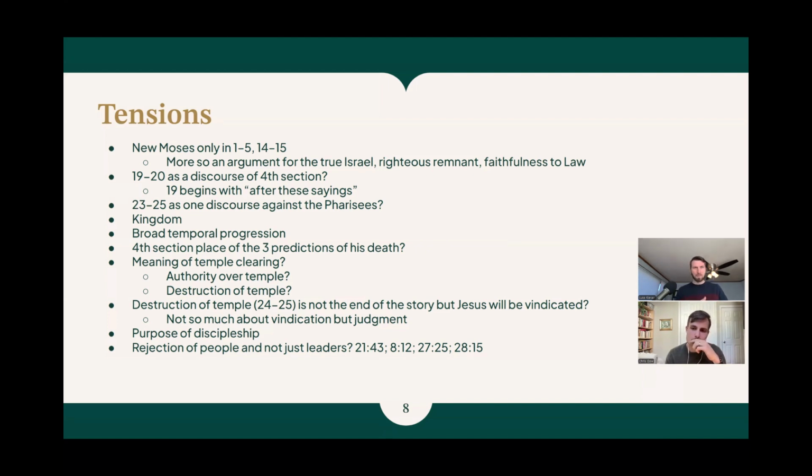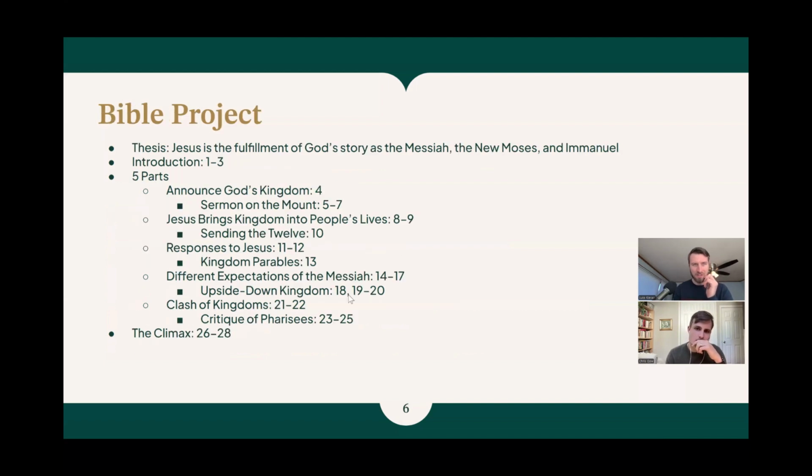Another tension that I saw here. They put their fifth section as Clash of Kingdoms, which is chapters 21-22, them debating and arguing with the Pharisees and Sadducees. And then the discourse they label as critique of the Pharisees, which is another tension point of scholars.